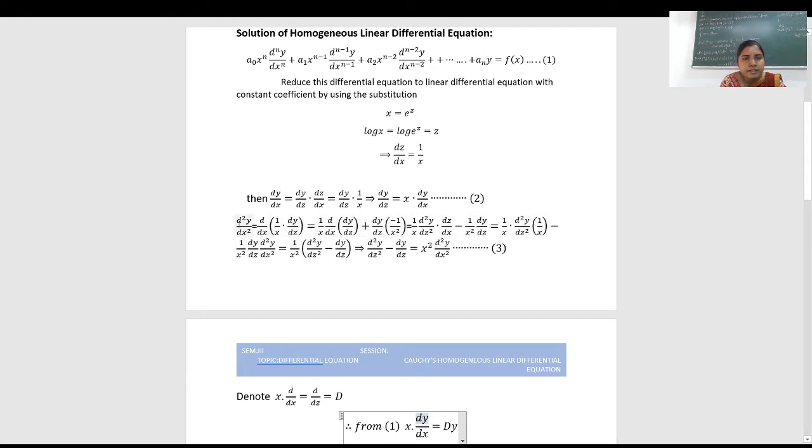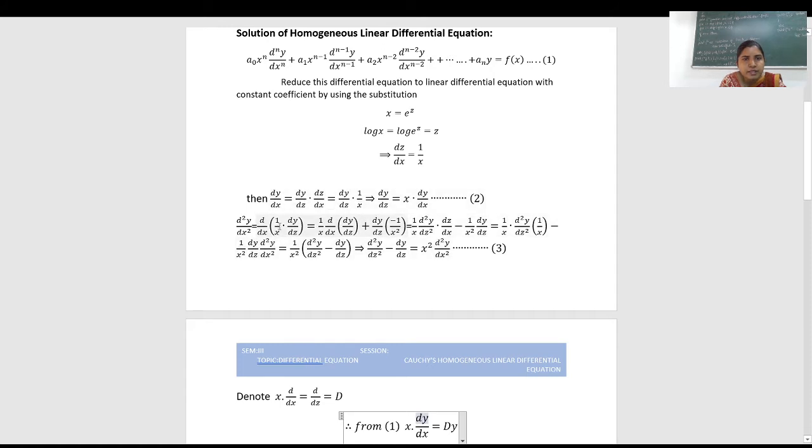In the similar way, d²y/dx² we can write as d/dx of dy/dx. We have dy/dx from equation number 2, that is 1/x into dy/dz. I substitute here, giving d/dx of (1/x into dy/dz). Using the product rule, first function into differentiation of second function plus second function into differentiation of first function.